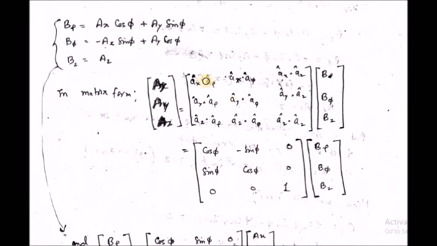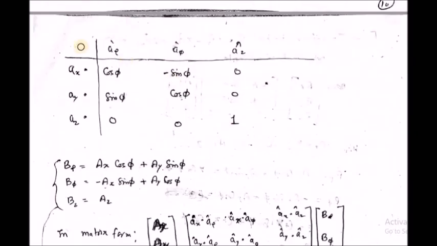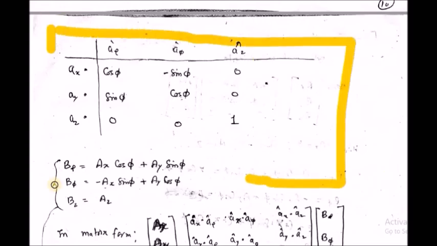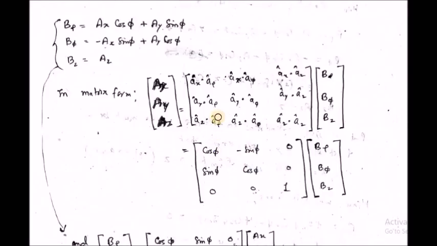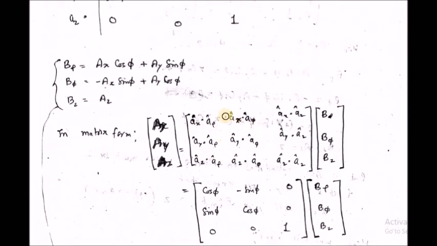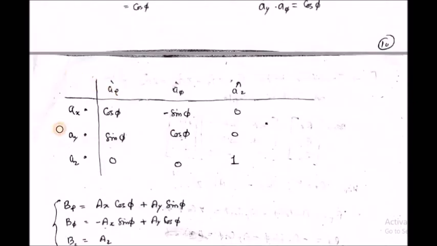And you have already seen these components, what is ax dot a rho, ax dot a phi. So you must be familiar with this. Where this matrix, this ax dot a rho, ax dot a phi, you can get from this table.